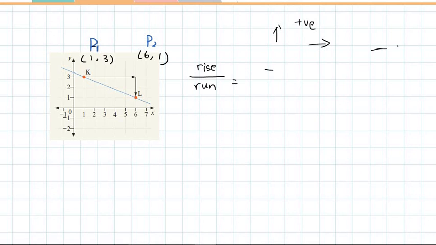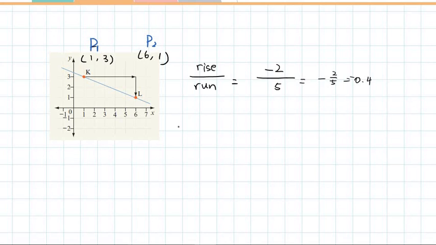If it's going left or downwards, it's negative. Because it's going down, the change is going to be -2. And the run is going to be positive because it's going from left to right. How many units to the right? It's 5 units to the right. So the gradient will be -2 on 5, or you can have it as -0.4.